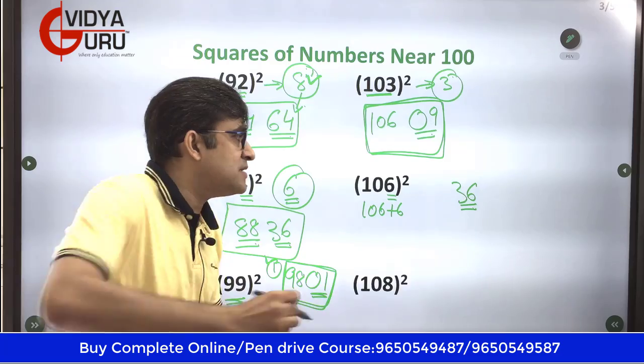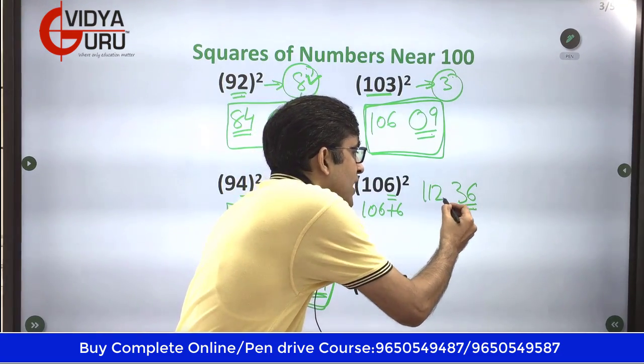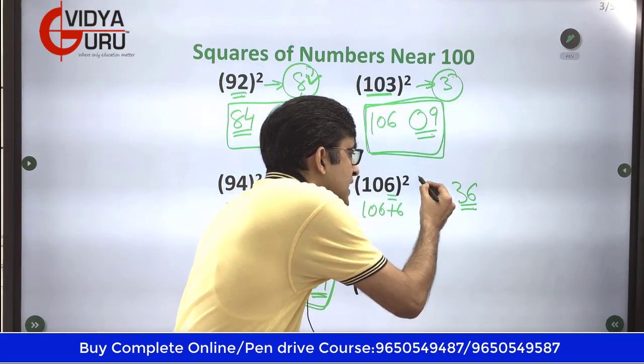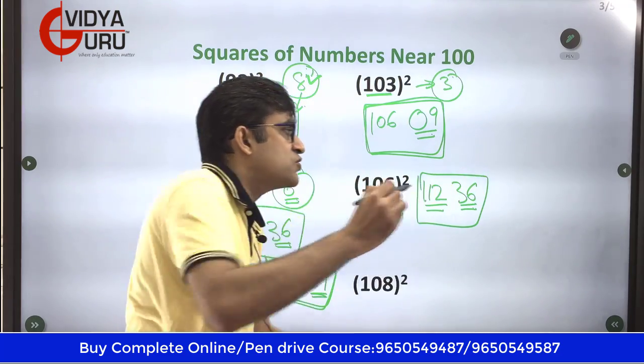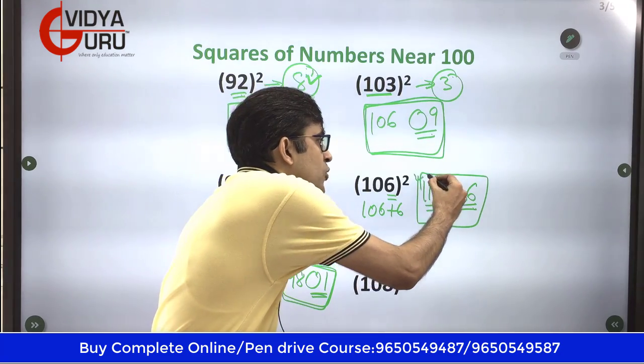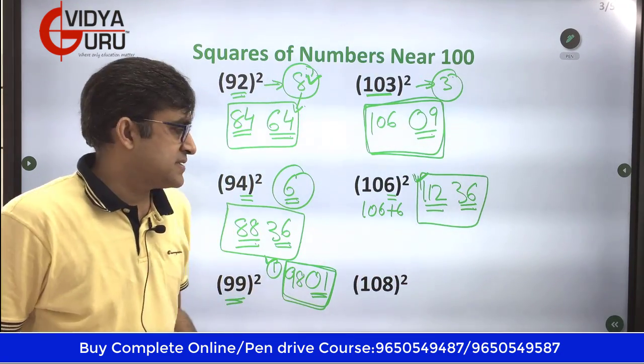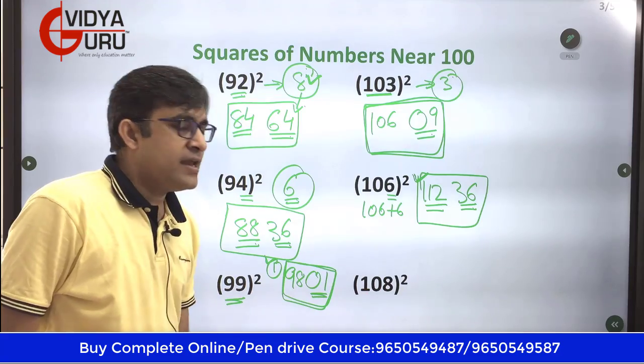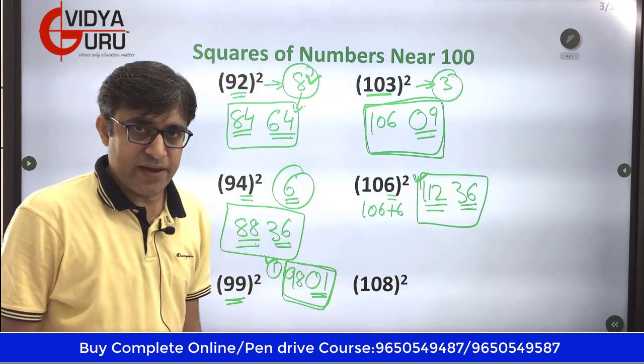And when that happens, we get 112. So 112, these are the first 3 digits. The last 2 digits are already there with us. So finally, the square turns out to be 11236.